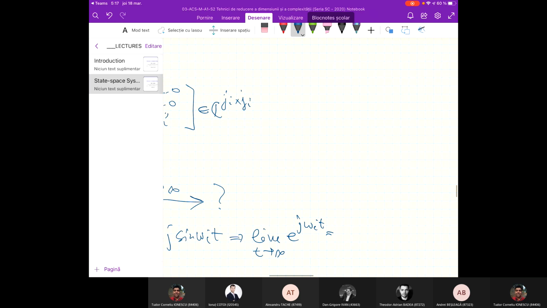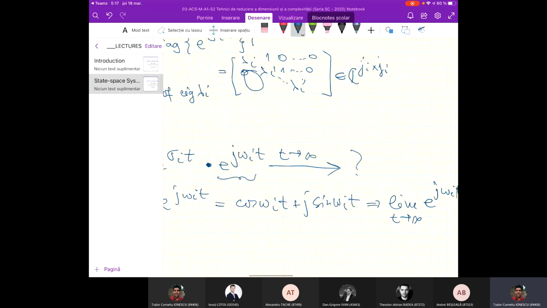We don't know what the limit is because we cannot compute it, but the sine and the cosine are bounded. So we only know that it's finite.